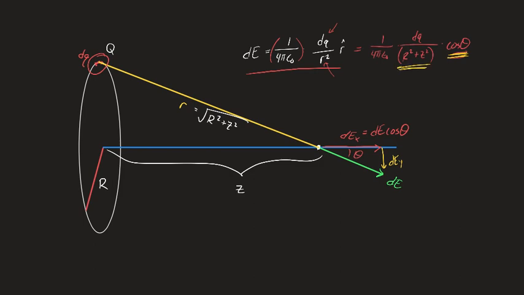I don't think any of those things change. No matter which portion of the ring I choose, they're all going to be the same distance away, and they're all going to be aiming that piece of electric field at the same angle. Now, if this were a disk of charge, that would not be true. But it's a ring of charge.